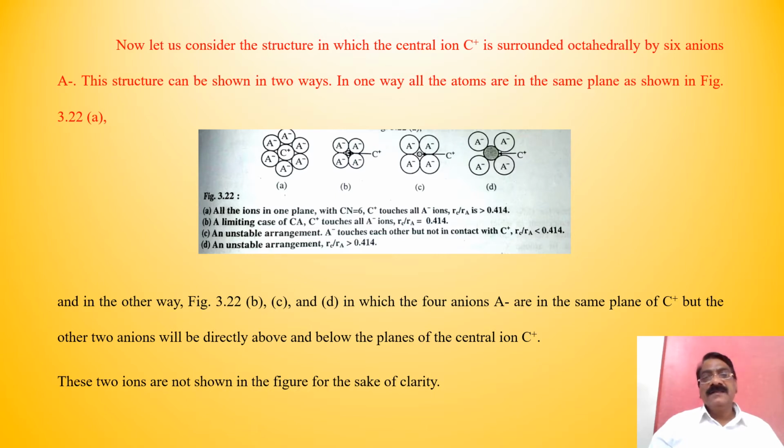A minus ions touch each other but are not in touch with cation C plus, and the radius ratio Rc upon Ra is less than 0.414. And fourth, D, an unstable arrangement where Rc upon Ra is greater than 0.414.